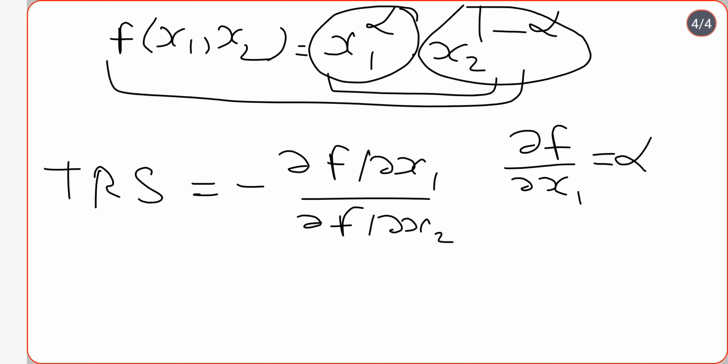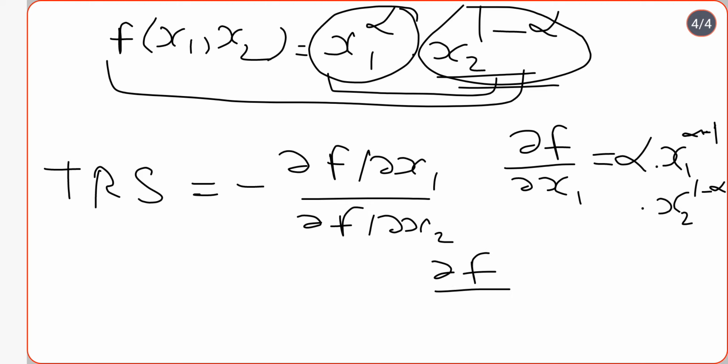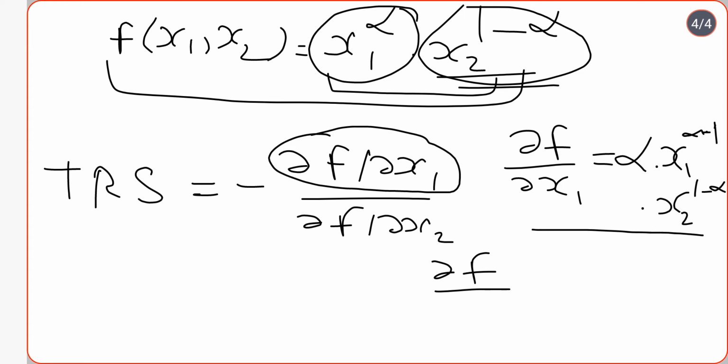We will have alpha into x1 to the power alpha minus 1 into x2 to the power 1 minus alpha, as this part will not have any derivative. This is the numerator part. We have derived the numerator part in this portion. We have to find out the denominator part now.